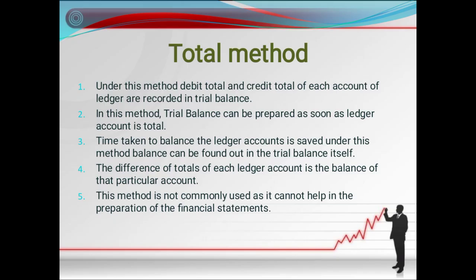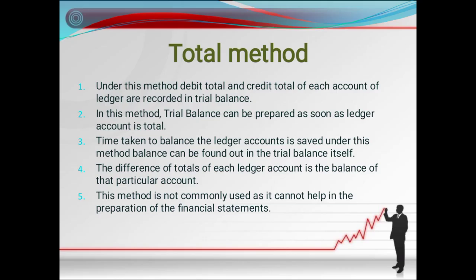Whether that balance is on the debit side or on the credit side of the ledger, we take those balances to the trial balance. In this method, trial balance can be prepared as soon as the ledger account is totalled. We have to first balance the ledger accounts, then only we can prepare the trial balance.